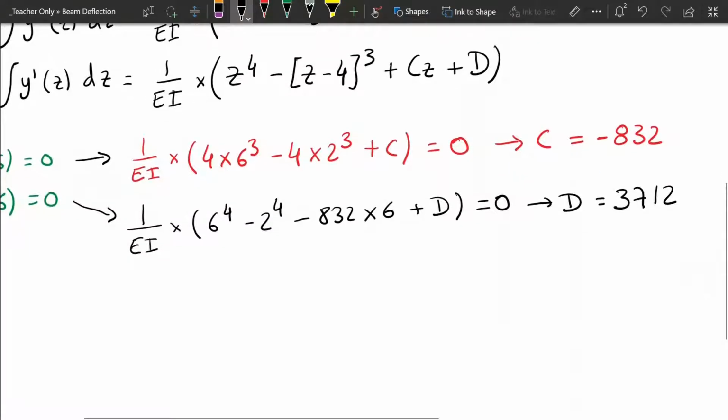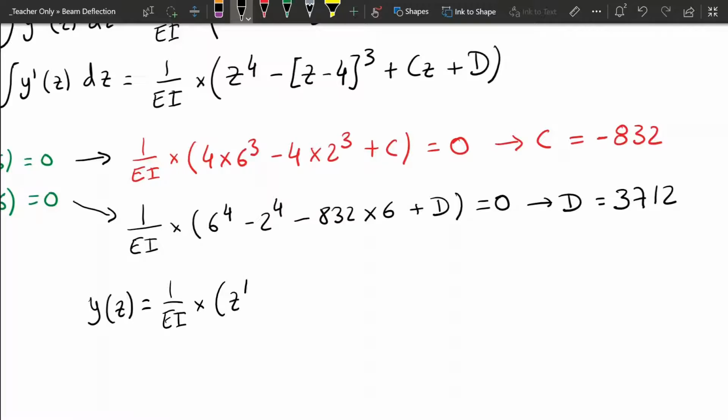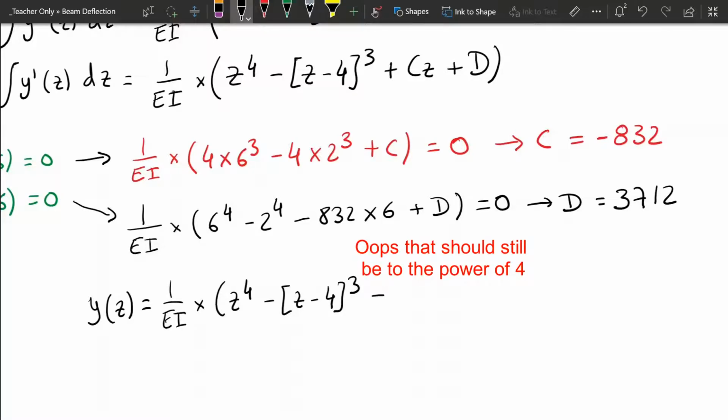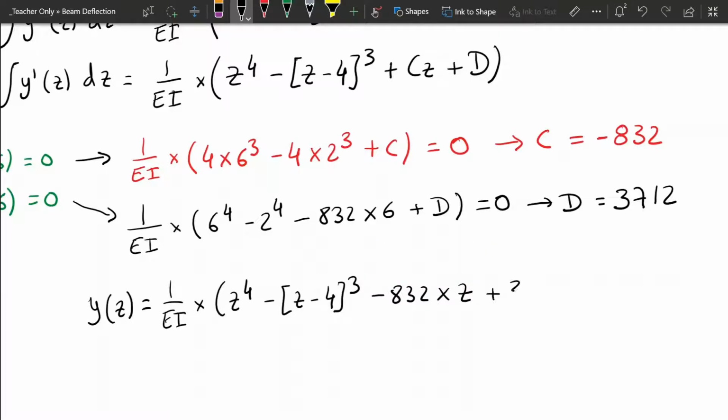So now that we have our c and d, our integration constants, we can write our y of z, and that is equal to 1 over EI times z to the power of 4 minus z minus 4 to the power of 3 minus 832 times z plus 3712.